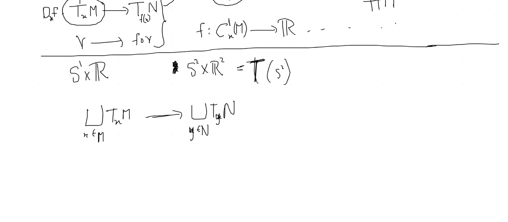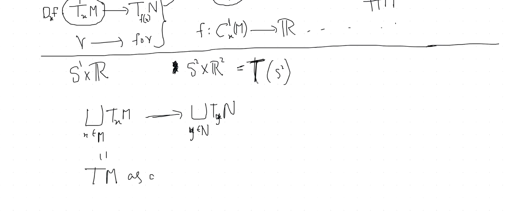Yes, but let me try to think why we don't define it like this. Well, yes. So one of the things is that the tangent bundle is equal to this as a set. Okay?